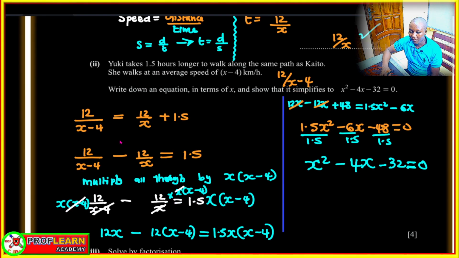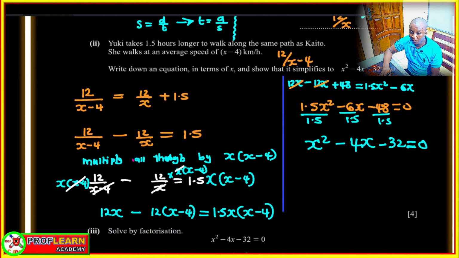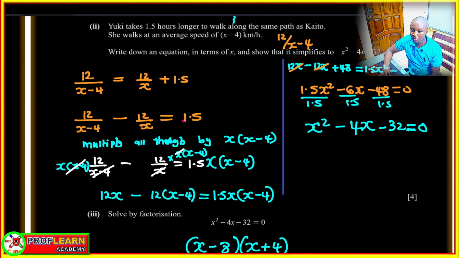Then we can say 12 over x minus 4 minus the time that the other guy took, Kaito, is going to be equal to, when you subtract the two, 1.5. Then multiply all the terms by x into x minus 4, because those were the denominators. If you multiply them, you are going to get rid of the denominators.